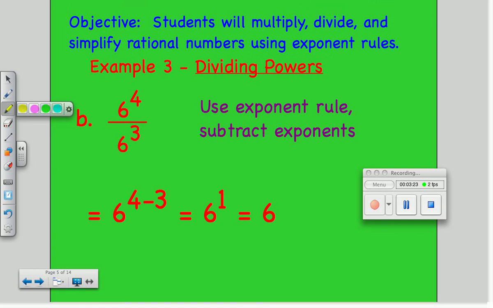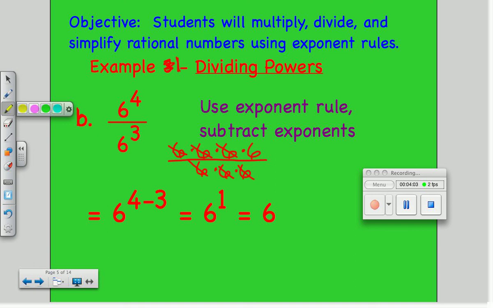Let's look at another example. This is still example 1, but it's letter B. All right? So we have 6 to the power of 4 divided by 6 to the power of 3. I want to show you what it looks like. 6 to the power of 4 means 6 times 6 times 6 times 6, over 6 to the power of 3, which means 6 times 6 times 6. 6 divided by 6 is 1, so we can leave that. 6 divided by 6 again is 1. 6 divided by 6 again is 1.